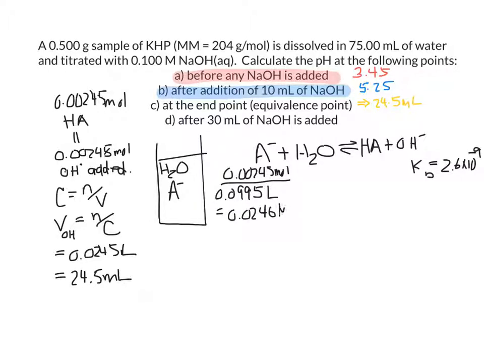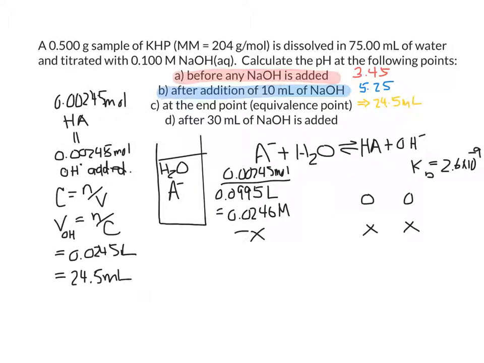And so my concentration of A minus at this point is going to be equal to 0.0246 molar. At this point, I don't have any HA and I don't have any OH minus, because I know I'm at the equivalence point and they've completely reacted to form this 0.0246 molar of the A minus. And so I can solve my equilibrium problem by letting this reaction go to equilibrium, making X of HA and X of OH minus and losing X of A minus.